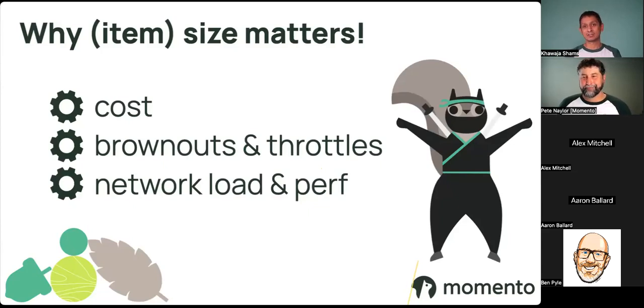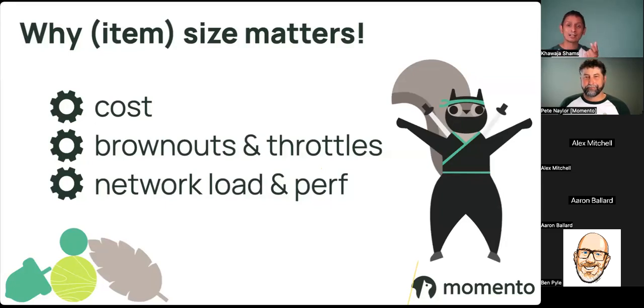And it's not just the item level limit, it's the partition limit. If each of your items get bigger and bigger, you're much more likely to run out of IOPS on your DynamoDB partition or on your table. So item sizes have a meaningful implication, not just on your cost, but also on your brownouts and throttles.